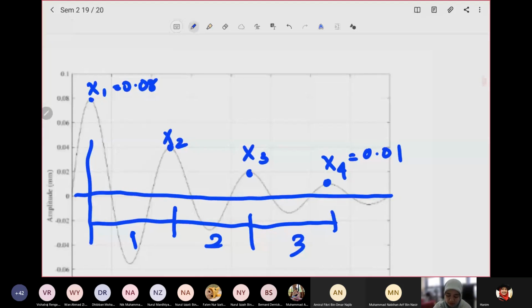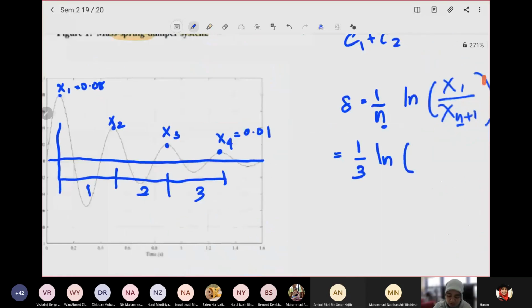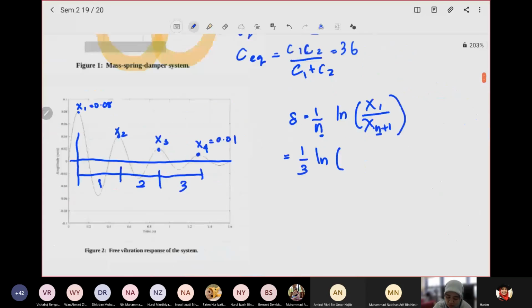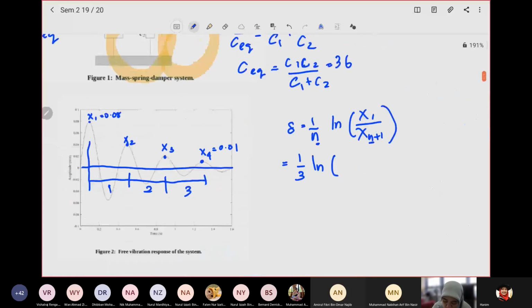Okay, so the way you write the equation is 0.08 divided by 0.01, and you get 0.693. So we haven't finished because they ask you to find C3, which is the new C.